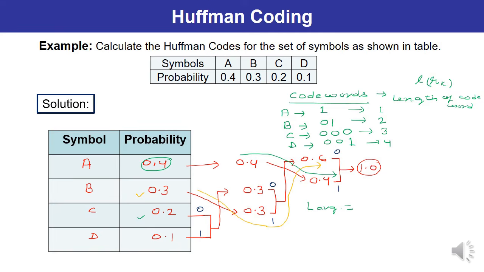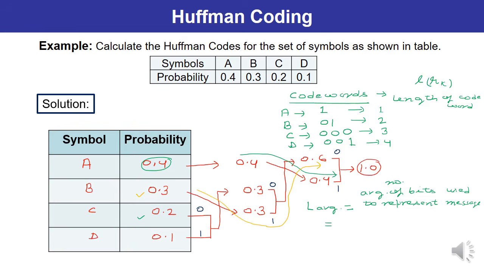L average is the average number of bits used to represent message.